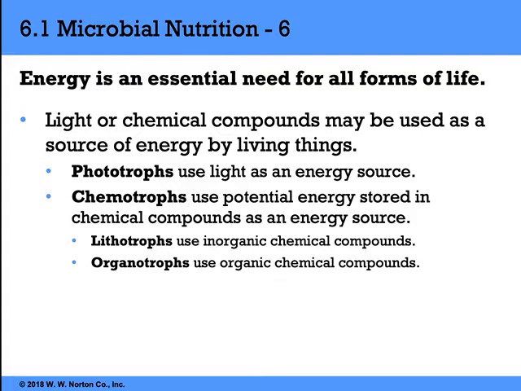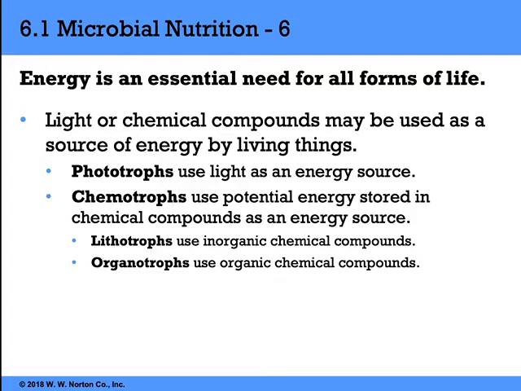Lithotrophs, for instance, use inorganic chemical compounds, and organotrophs use organic chemical compounds. Okay, you would classify, for instance, a human being as an organotroph and a chemotroph, right? Because we consume organic chemical compounds for power.